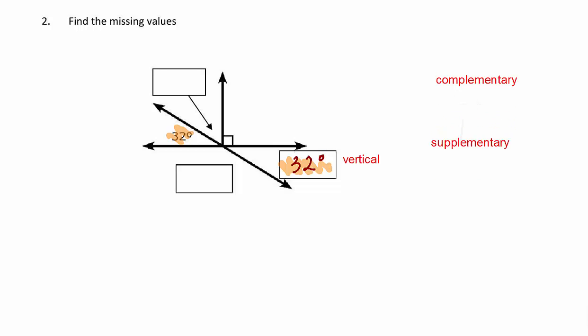Let's move to supplementary next. We're going to find this one. This whole angle right here is 180 degrees, or if you want to think of it, right there is 180 degrees, whichever one of those you want to look at. And since that whole angle is 180 degrees, and we already have the 32, we will do 180, take away 32.